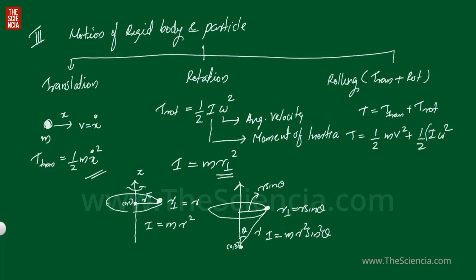Here what is this I? For particle, you know this is I. I is equal to m r perpendicular square. Suppose I am taking a rigid body. Then what will be the I value? Suppose this is my rigid body and it is rotating about an axis.